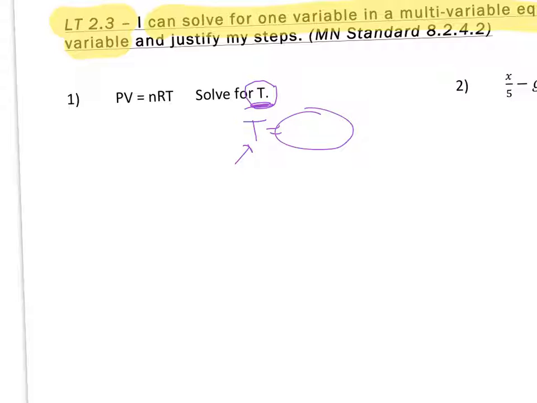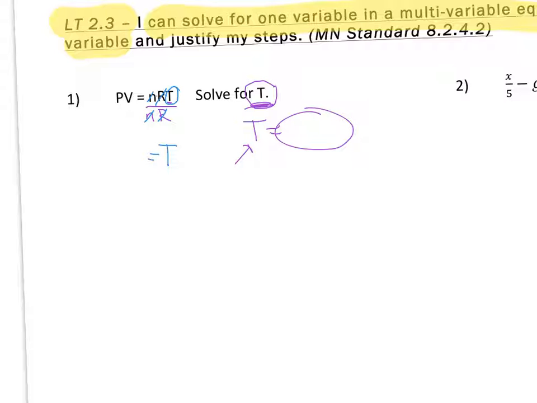So looking at number 1, I want to get this t by itself, but I notice it's being multiplied by an r and by an n. To get rid of those n and r, I'm going to do the opposite of multiplication. I'm going to divide both sides by n and r. And then you'll notice that they end up canceling. The n cancels on top and bottom, and the r cancels on top and bottom, so you're left with just that t over here.